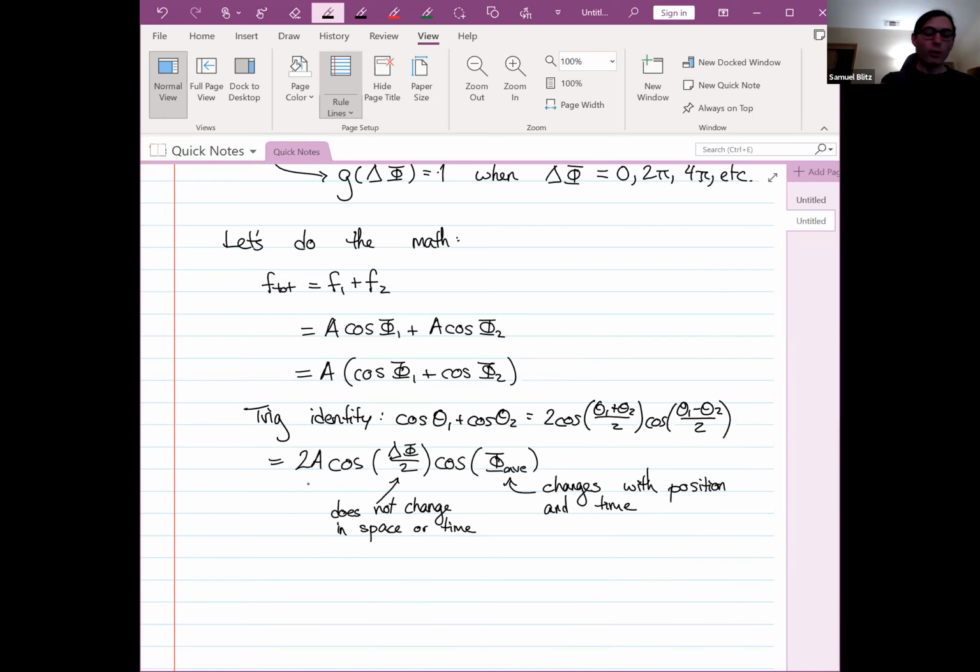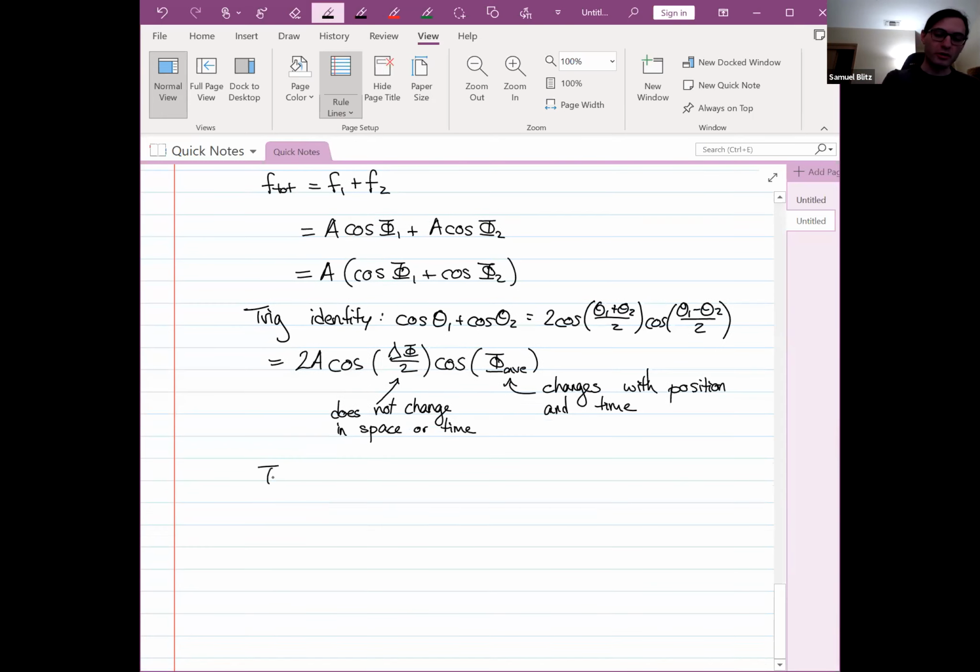So what we can do is treat 2a cosine of delta phi over 2 as a new amplitude for a new wave. The new wave has that as its amplitude, 2a cosine of delta phi over 2.